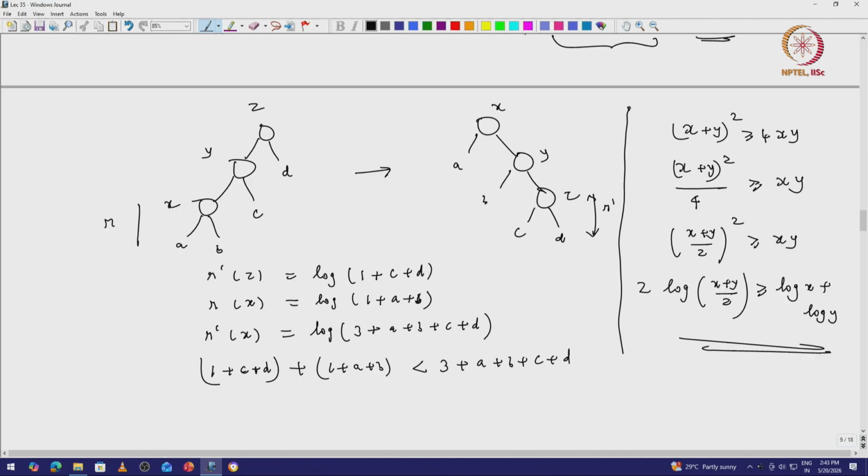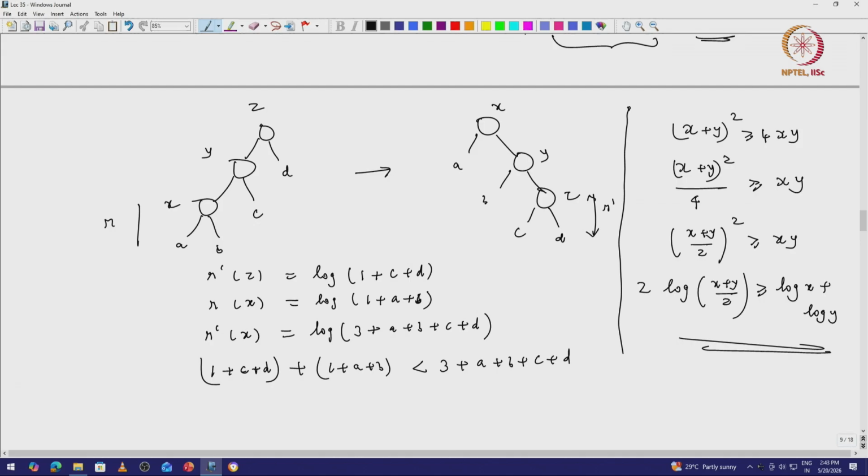Okay. Therefore, what we have is the following, these two, here you can see log of x plus log of y is less than or equal to 2 log of x plus y by 2.